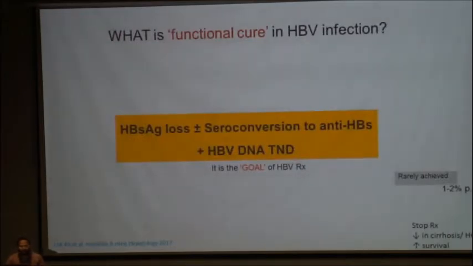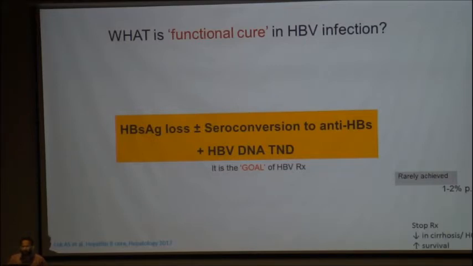First, we'll try to understand what functional cure is in HBV infection. It is HBV DNA not detected with surface antigen loss, with or without anti-HBs. This is functional cure, and this is the goal of treating any hepatitis B positive patient, because once it is achieved, we may be able to stop the treatment, decrease the progression to fibrosis, cirrhosis and HCC, and improve survival.